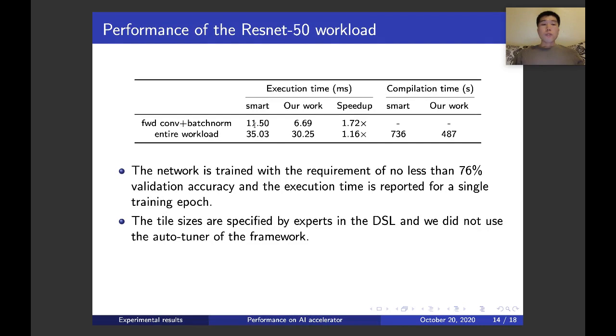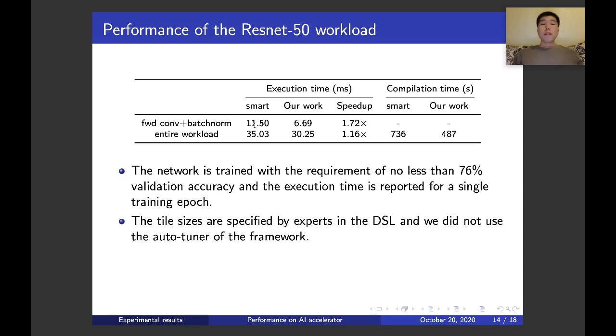We also show the performance of the ResNet 50 workload on the AI accelerator. The network is trained with the requirement of no less than 76% validation accuracy. The tile sizes are specified by experts in the DSL, and we did not use the auto-tuner of the framework.